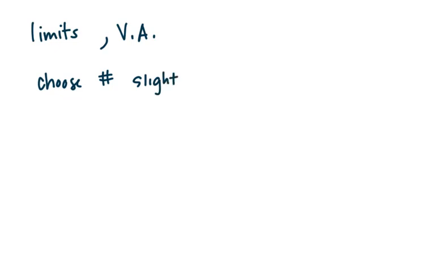When we are looking at limits and we have a vertical asymptote, you're going to choose a number slightly to the left or right of that vertical asymptote number, and you're going to evaluate it in the function.